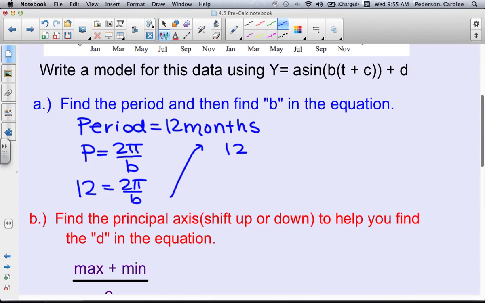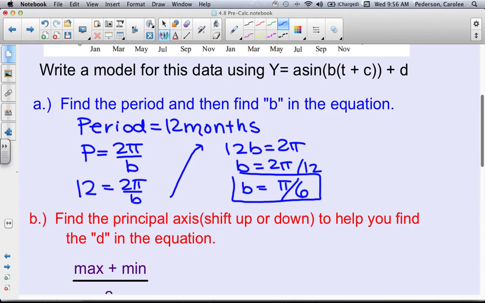So I have 12b equals 2 pi. And what's the next step? Divide by 12. And then we want to reduce that fraction down to pi over 6. So this will go in our equation right there.